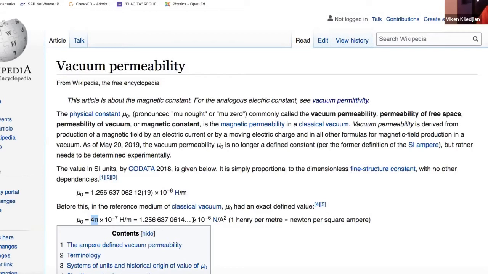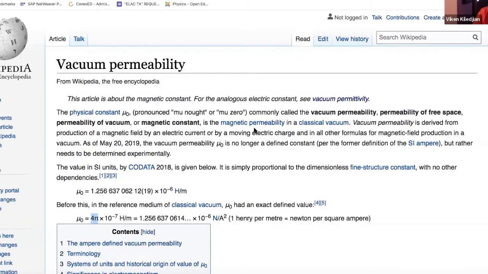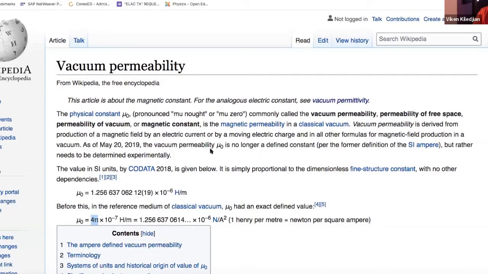Yeah, that's the easiest way to remember. Magnetic permeability. So it kind of takes the place of the E0, which is electrical permittivity. Okay, so mu 0 is going to be 4 pi times 10 to the minus 7.